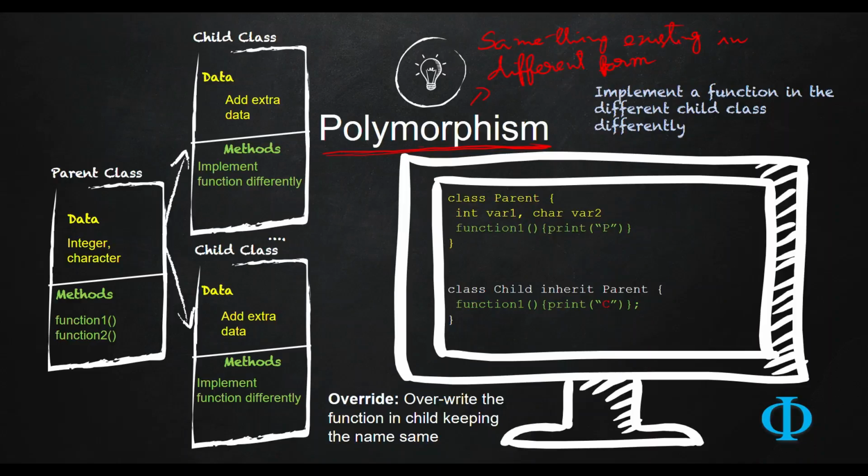So normally it is strongly connected with the inheritance property of Java programs. How? In a Java program, polymorphism basically means implementing an inherited function in the different child classes differently.